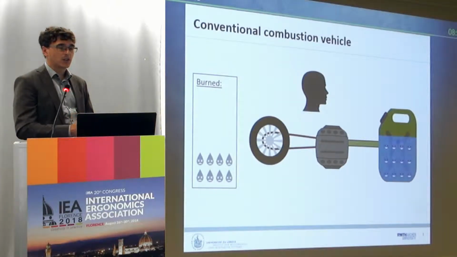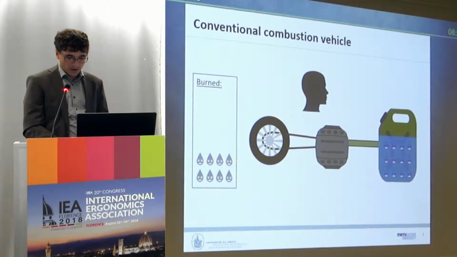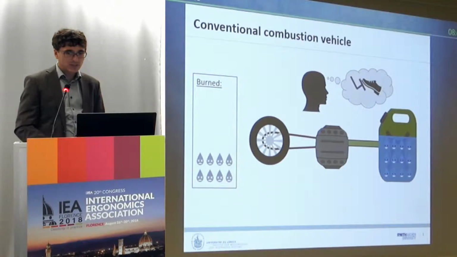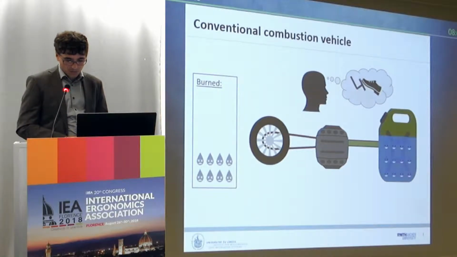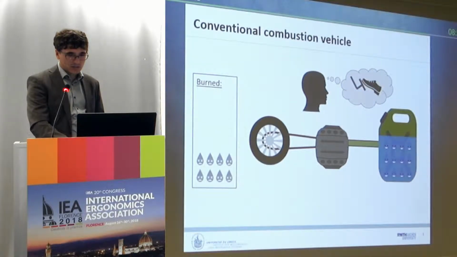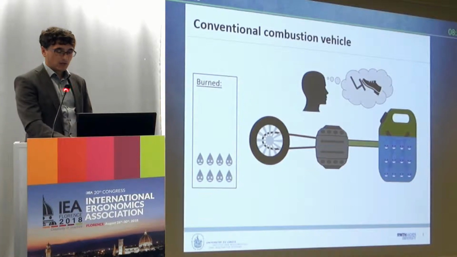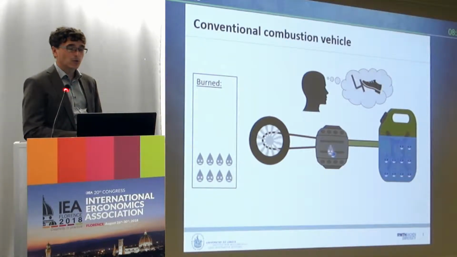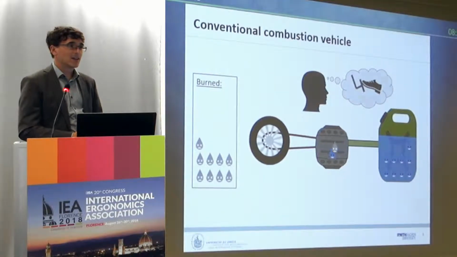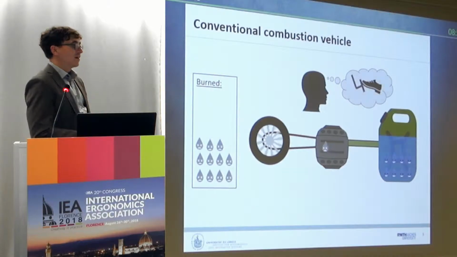Let's start with a conventional vehicle. In a conventional vehicle, you could say you have a certain amount of fluid gasoline in your fuel tank, right? And now when you want to accelerate, you pump these fuel drops into the motor, they are burned, and they produce kinetic energy, that is movement.